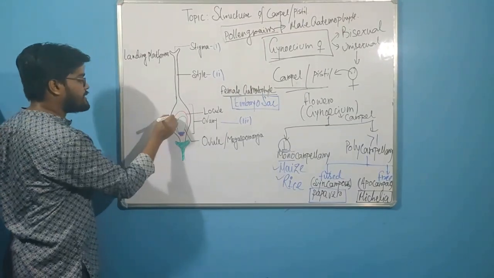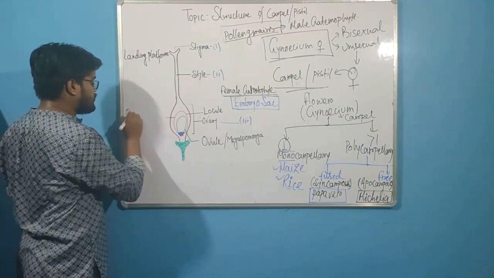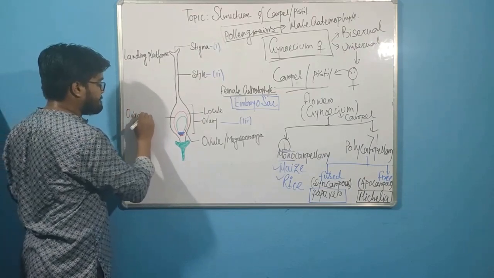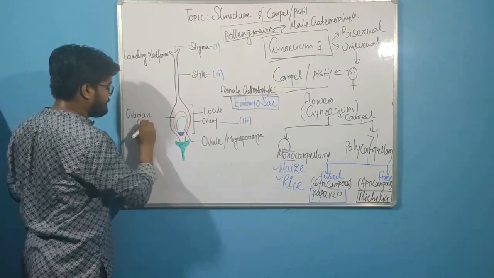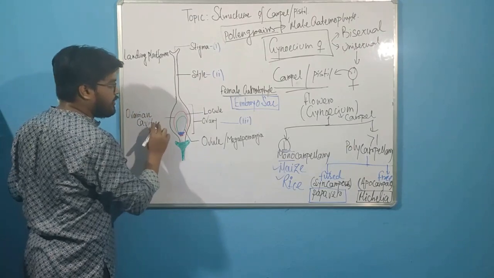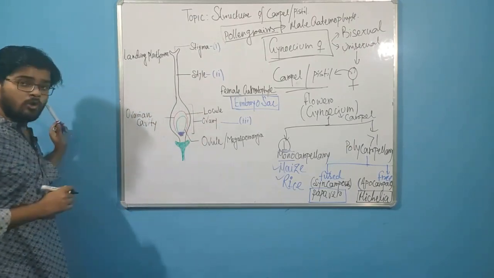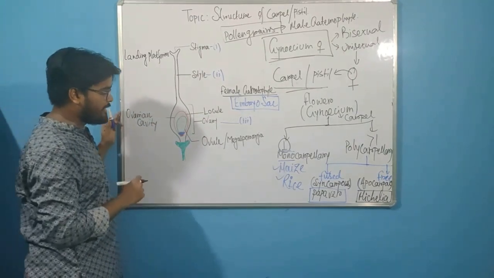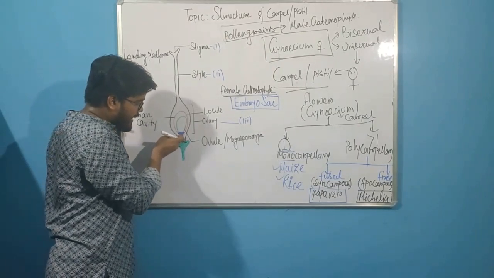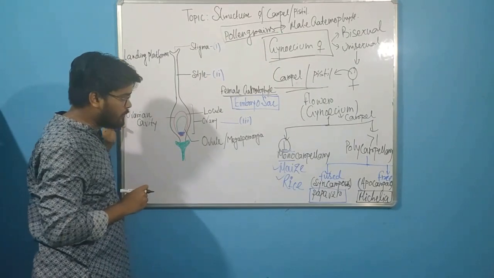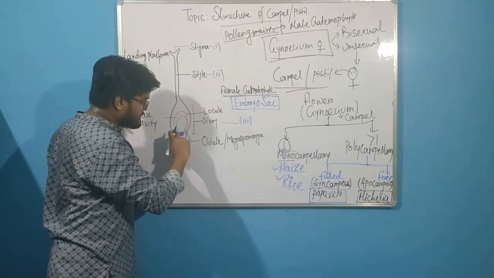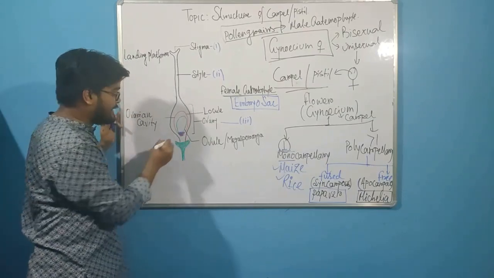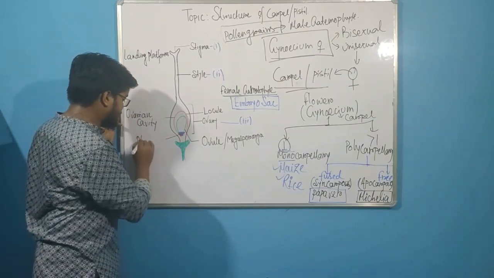We can call it the ovarian cavity or also the locule. Close to the basal portion of the locule, there is the placenta.